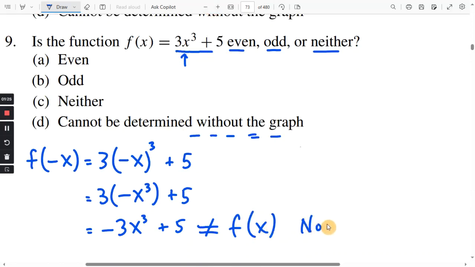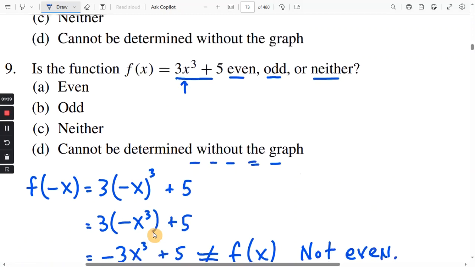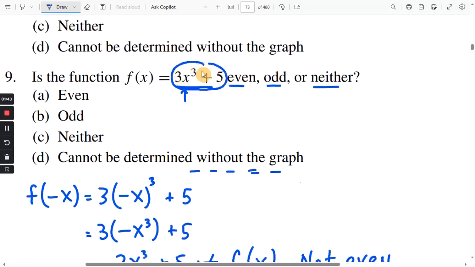So far it's not even. Now let's test for odd. We have to do the negative of the original. So negative f of x means we are going to negate this entire function, 3x to the third plus 5.